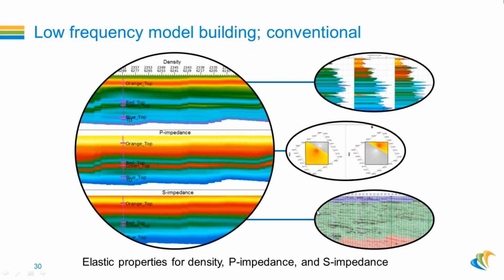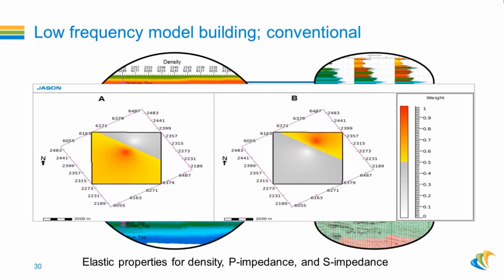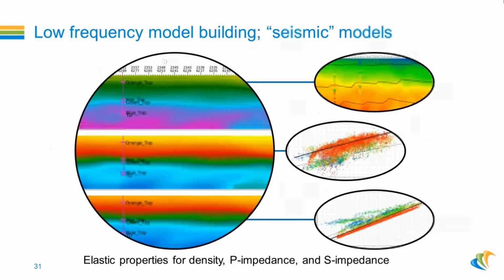You can see where the influence of the wells is in the model. So we're going to get elastic properties from this for density, P-impedance, and shear impedance. This is the conventional low-frequency model building. And to note, of course, are the well weights, which have a particular influence on the 3D survey.